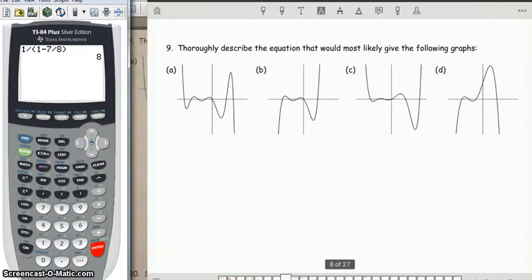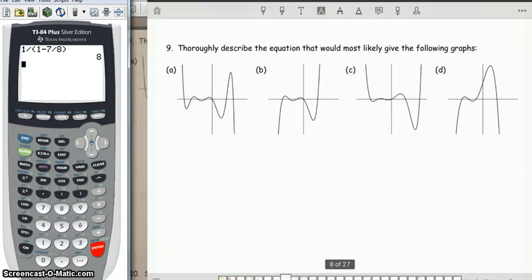For number 9, we ask you to thoroughly describe the equation that will most likely give the following graph. So if you look at letter A, keep in mind that if they go in opposite directions, the degree must be odd. If the right side goes down, then the leading coefficient must be negative.